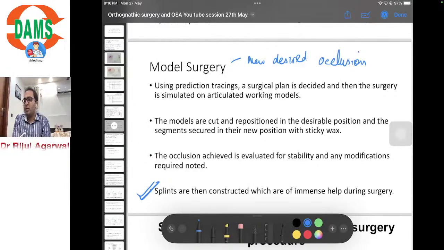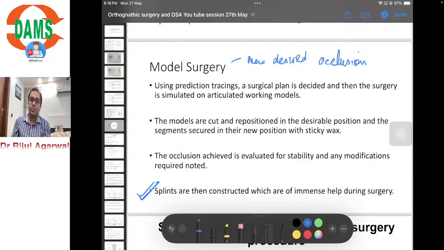What happens when we are in the OT, we have cut the maxilla and mandible, and we bring the jaw to the new desired position and place it. So at that new desired position, the jaw should be stable because both the segments sometimes are osteotomized. Means both the segments are cut from their respective bones. They're free to move. So when we fix them at the new position, it should be stable.